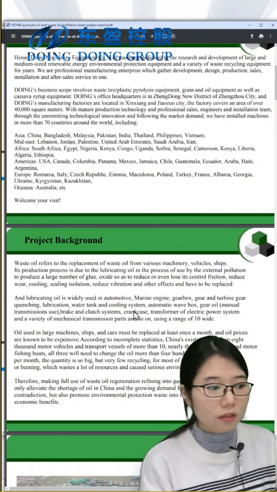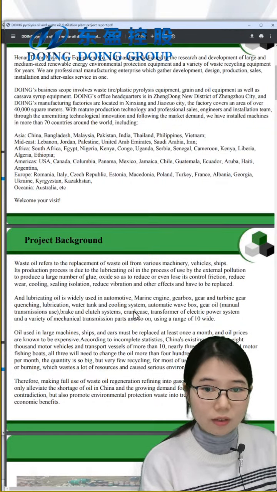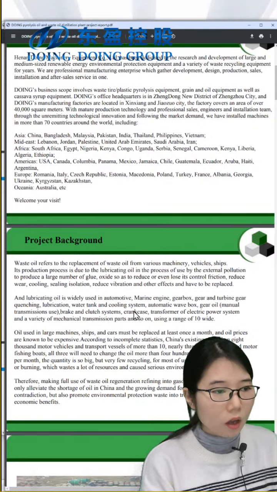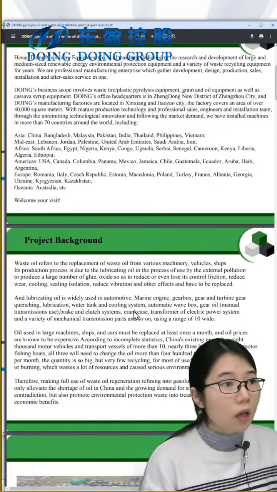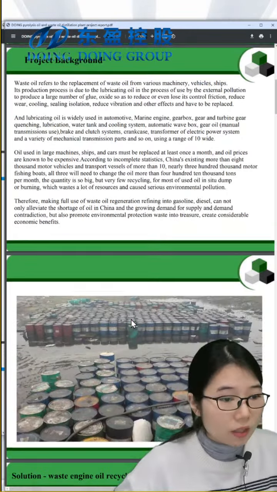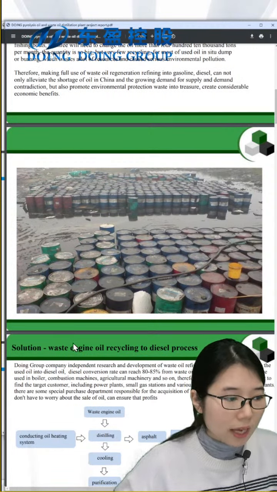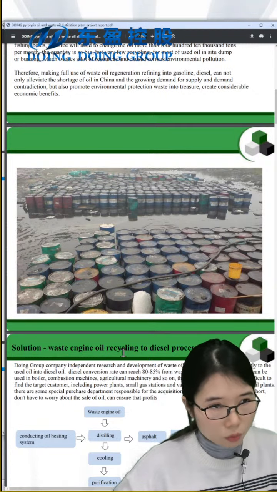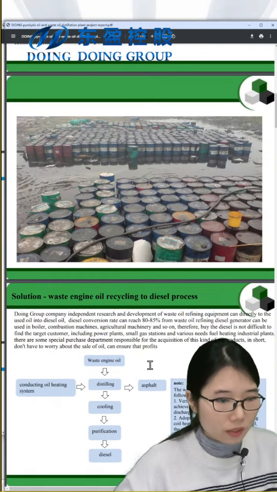We also have the distillation machine, which is a kind of refinery plant that can refine pyrolysis oil into diesel. The distillation machine can also refine many kinds of waste oil, like waste engine oil, waste motor oil, and waste lubricating oil, into diesel.